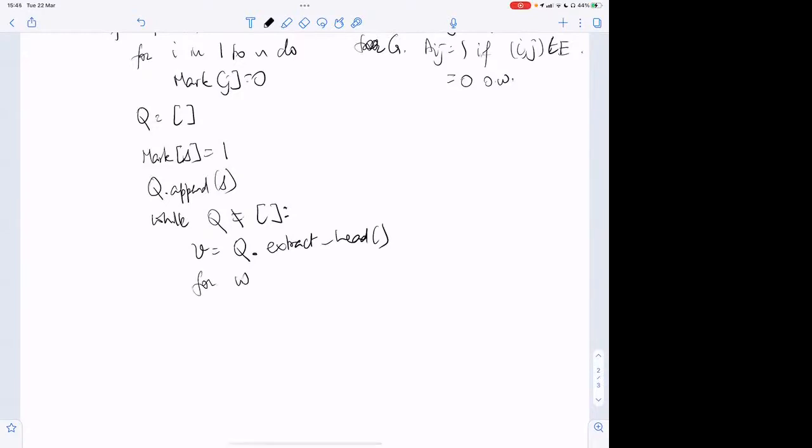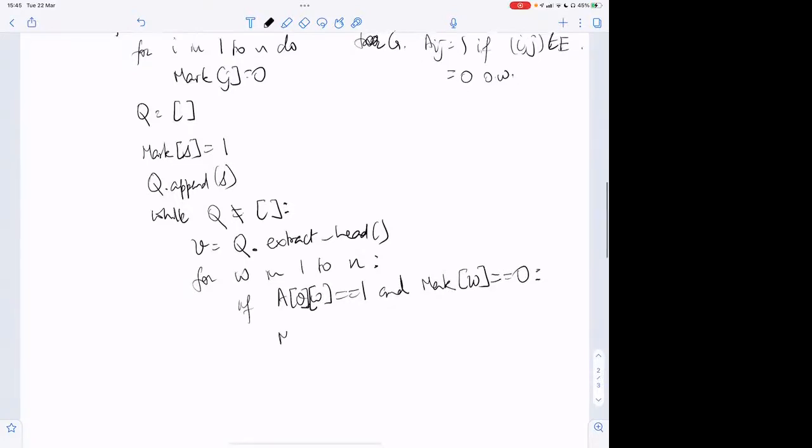So for W in 1 to n, if A[V, W] equal to 1 and mark of W is equal to 0, then you know that W is a neighbor of V and it is unmarked.